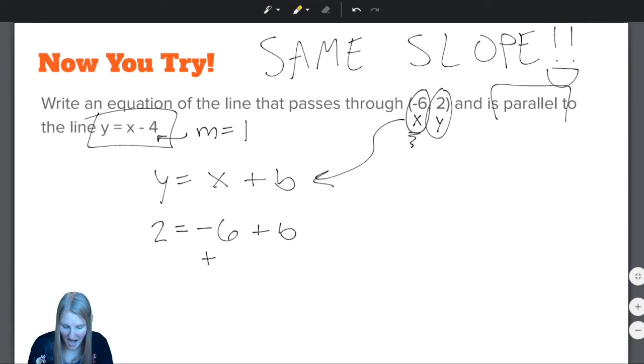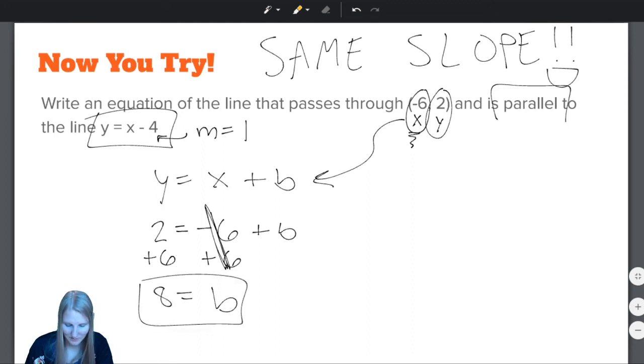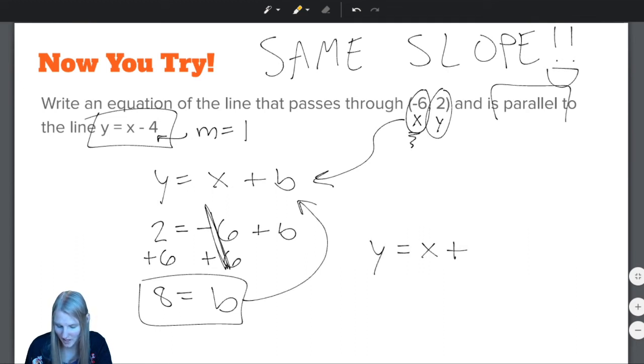And if I add 6 to both sides, that gets the b all by itself. And it is equal to 2 plus 6, which is 8. So now I can plug that in, and I get y equals x plus 8.